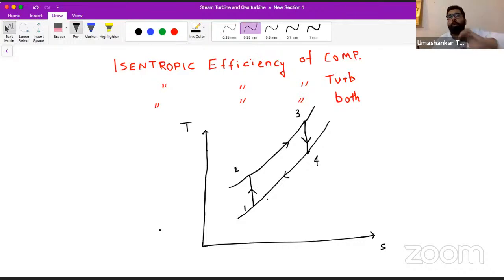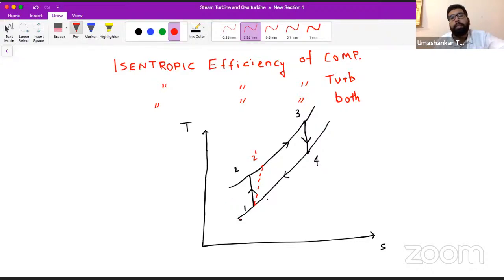So if you want to associate the isentropic efficiency with the compressor, just increase the entropy. The entropy in the actual process increases, so the process must be like this.